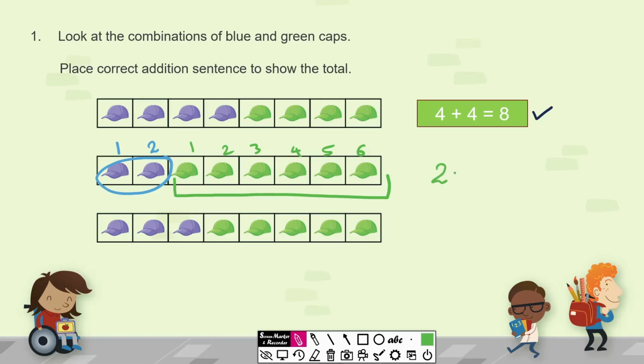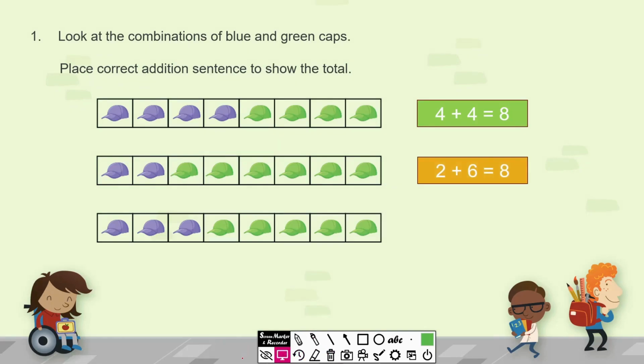Yes, 2 plus 6 is equal to 8. 2 plus 6 is equal to 8 is the correct addition sentence. Let's check the answer. See, 2 plus 6 is equal to 8.